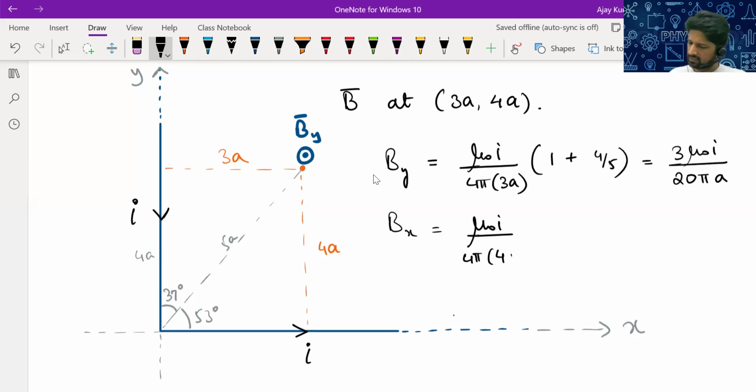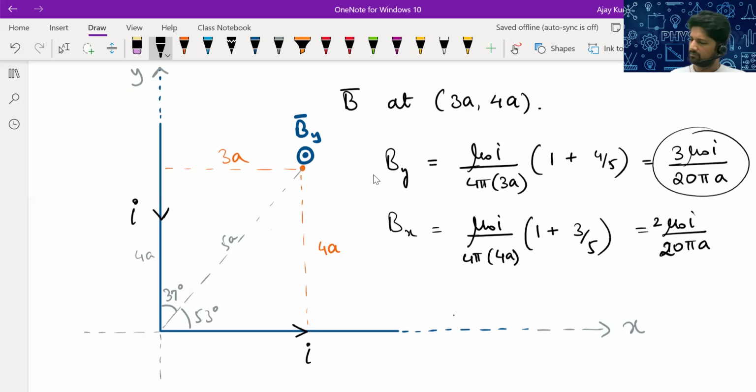The distance from that wire is 4a, and the angle at one end is 0, so cos 0 is 1. The angle at the other end is 53 degrees, cos 53 degrees is 3 by 5. 1 plus 3 by 5 becomes 8 by 5. In the denominator you have 4 into 4, 16. 8 and 16, 2, and into 5, 10. So this becomes mu naught I by 10 pi a, or you can write it as 2 mu naught I by 20 pi a, because the other one had denominator 20.